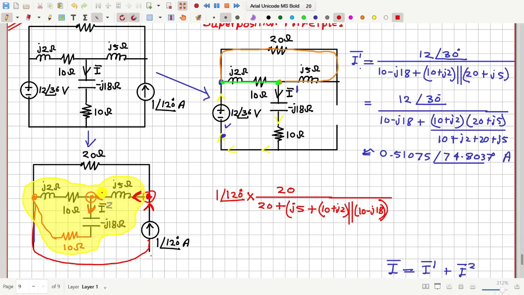Now again this current is divided into two parts at this point. One of them goes through the capacitor, and that is what we want to calculate. How much is this current through the capacitor?